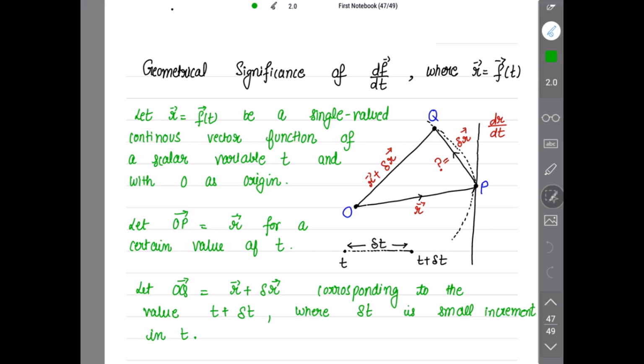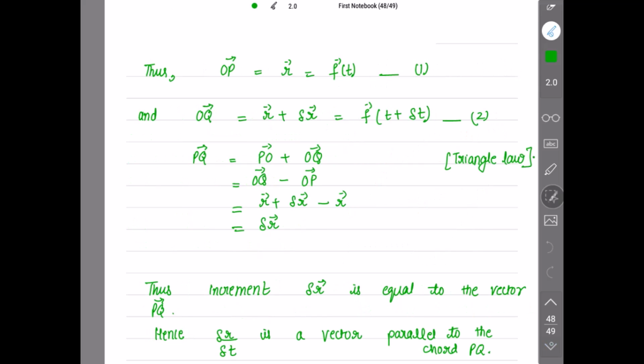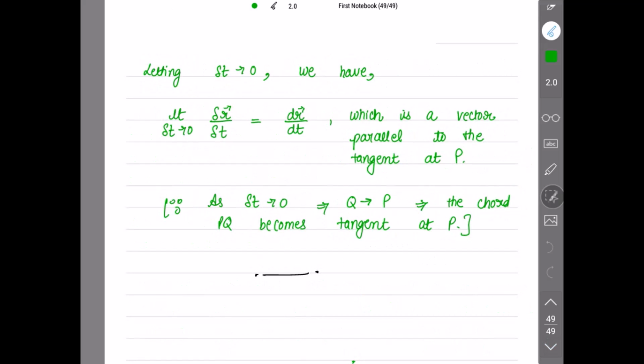And we get this Q point tending to this P point. So letting delta t tend to 0, we have limit delta t tending to 0 of delta r over delta t, which will be equal to dr by dt, that is derivative of r with respect to t, which is a vector parallel to the tangent at P.